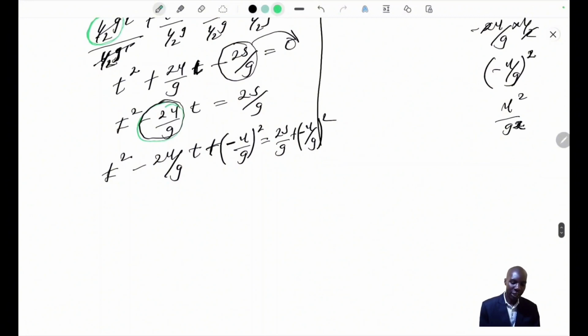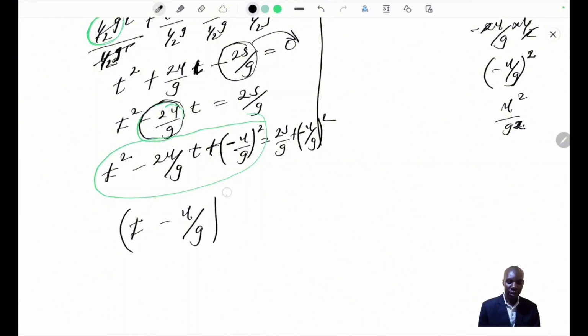So on the left-hand side, we have made it a perfect square, meaning in simple terms we are saying t minus u over g, squared, is equal to 2s over g plus u squared over g squared.